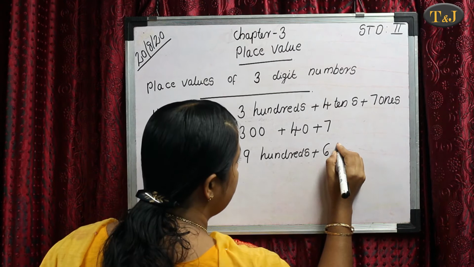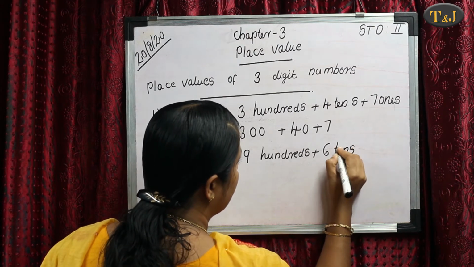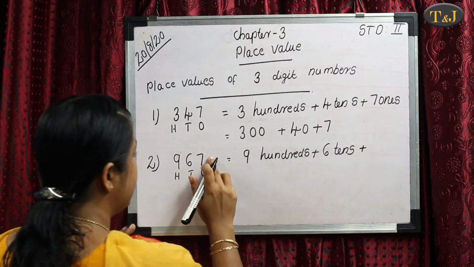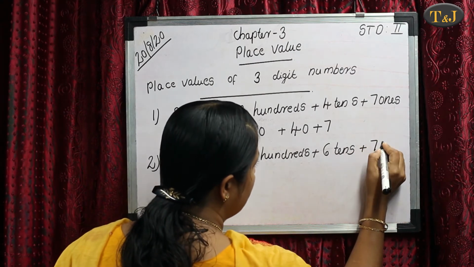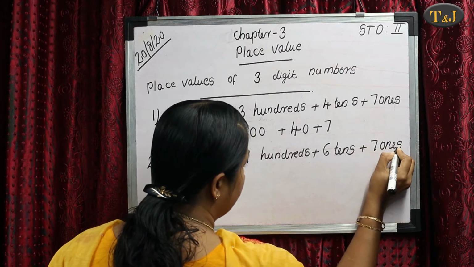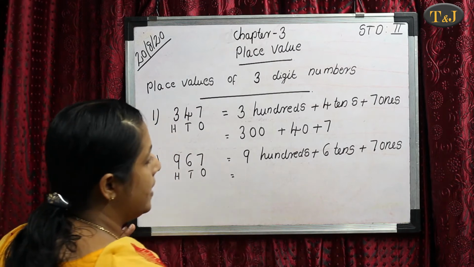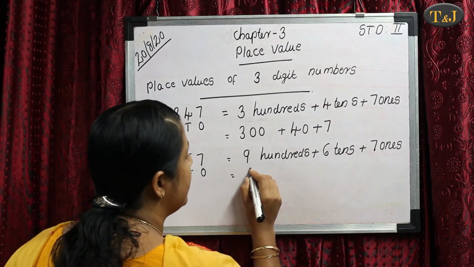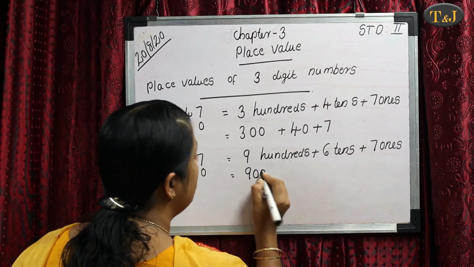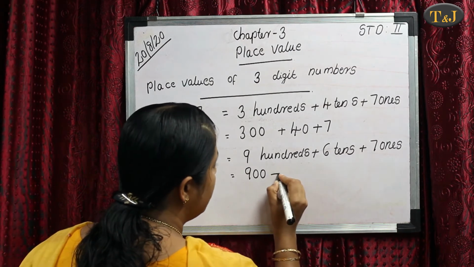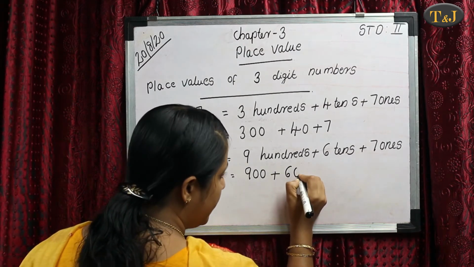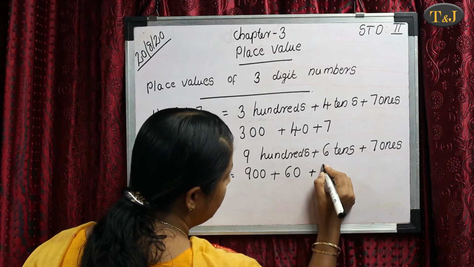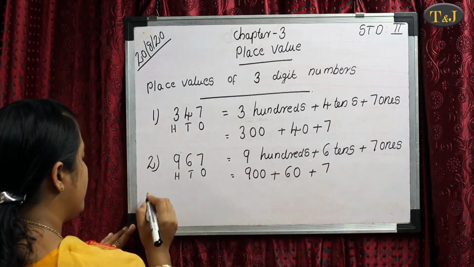So we write 6 tens plus the next number, 7 ones. 9 hundreds are 900. So 900 plus 6 tens means 60, plus 7 ones means 7. Okay. Then one more example.